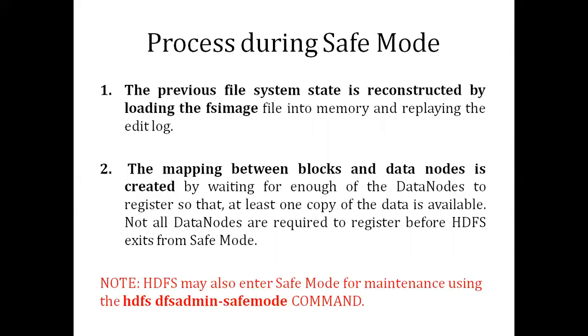The second function is that the mapping between blocks and data nodes is created by waiting for enough data nodes. Not all data nodes are required to register before HDFS exits from safe mode.